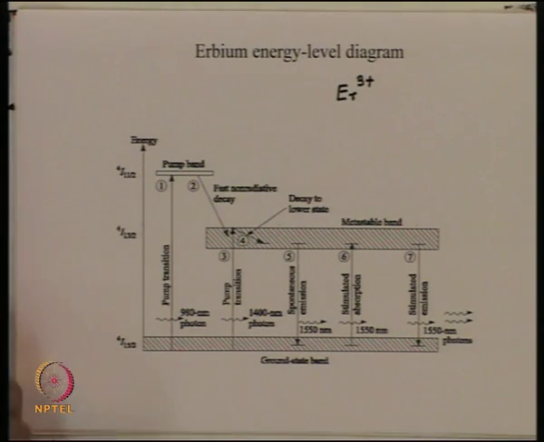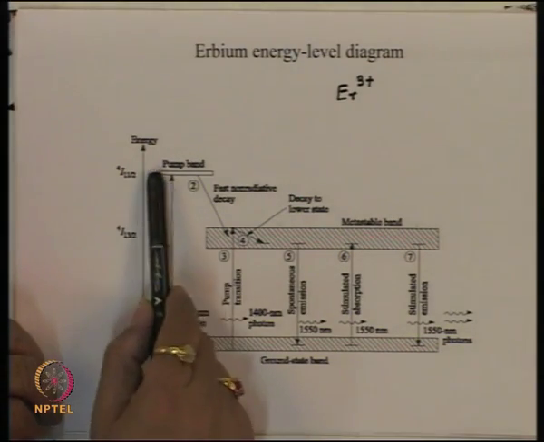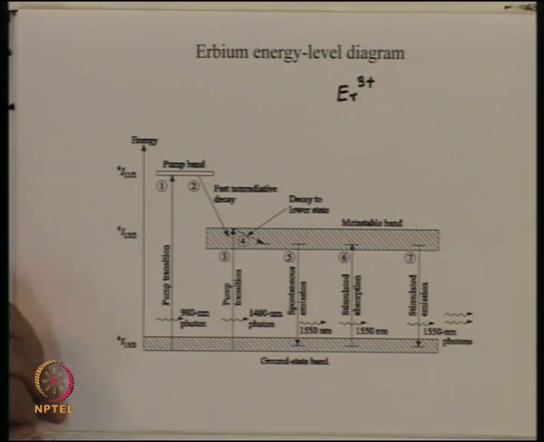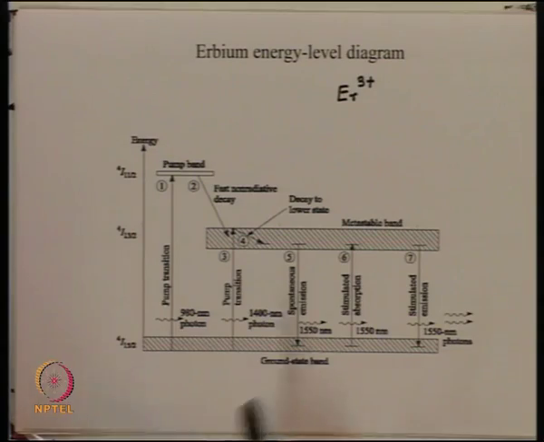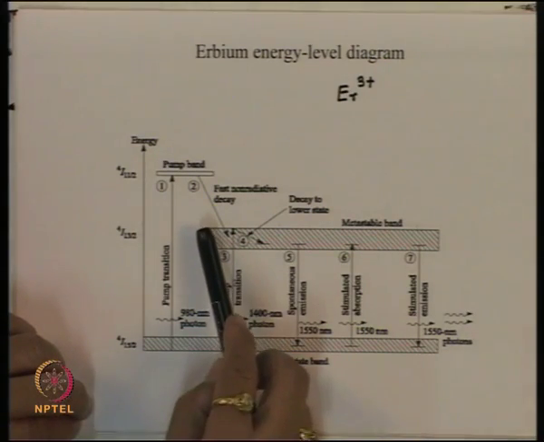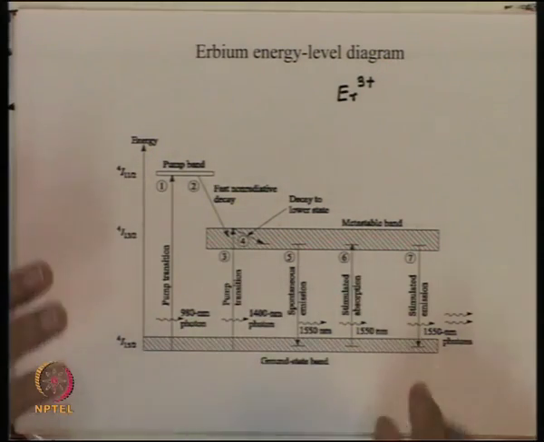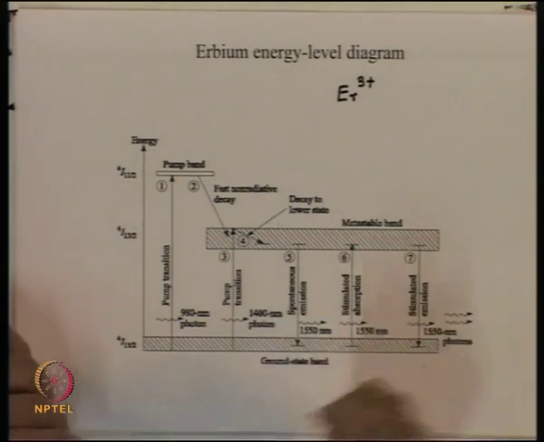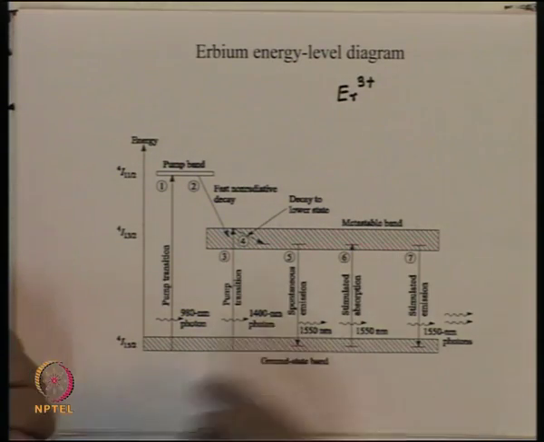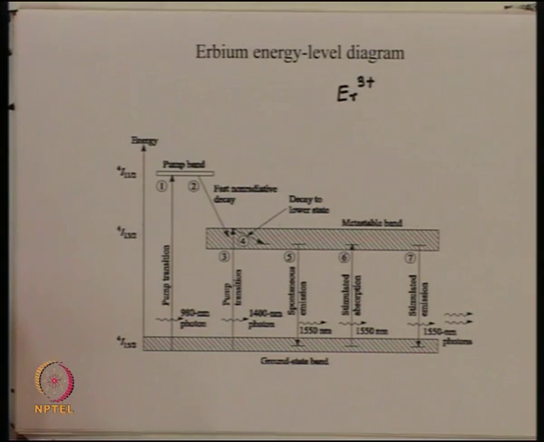As we have seen in our laser discussion, we have a ground state, then an excitation state, and then another state here which we call the metastable state, where the electrons can come and wait, and then they can make a transition and give emission which could be stimulated.